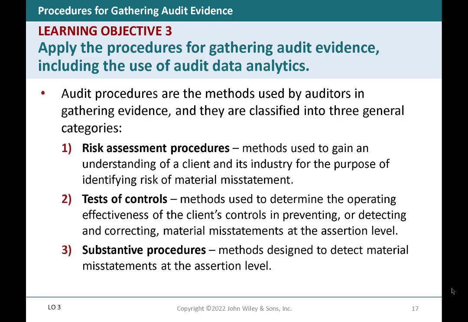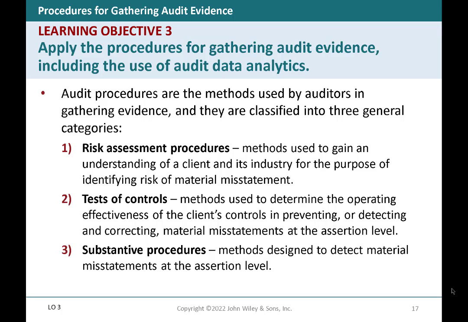So recall, analytical procedures include things like ratio analysis or trend analysis, which maybe gives us a better feel for the company's operations and can help us plan the audit by pointing us to areas where we might have to focus a little bit more attention because of certain risks that we find through these analytical procedures. And then the test of controls is what we're going to start talking about over the next couple chapters. And these are basically different methods to figure out if a client's internal controls are operating effectively.